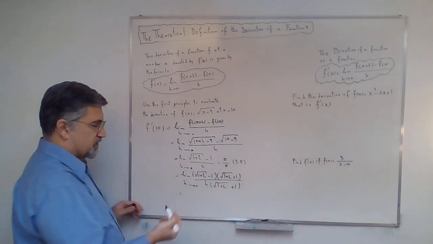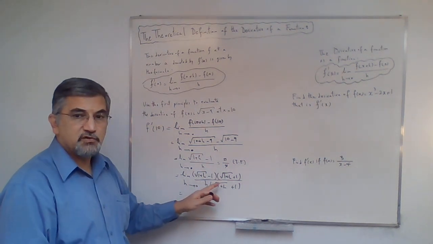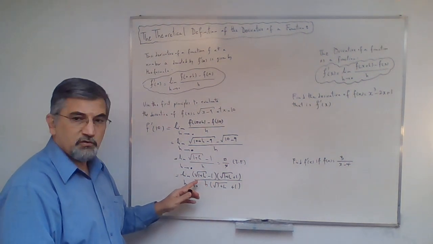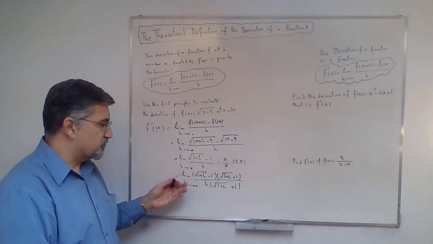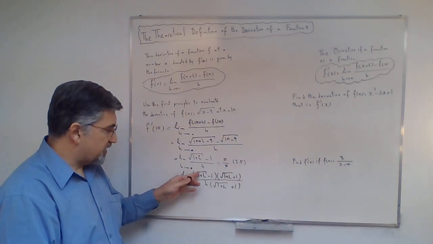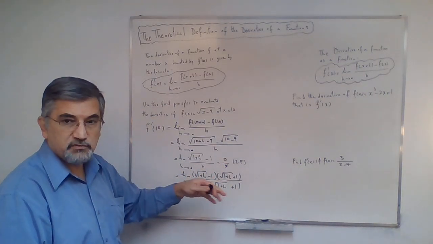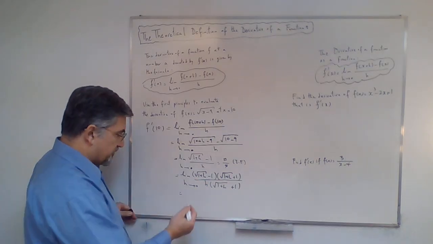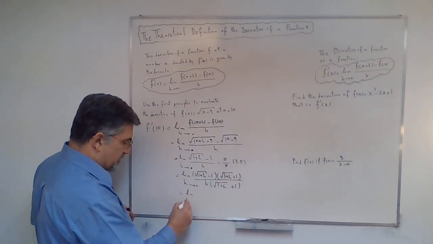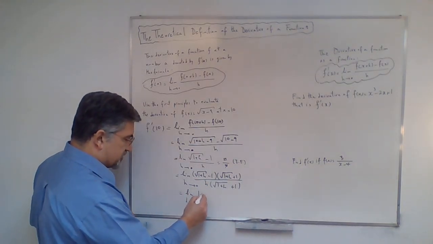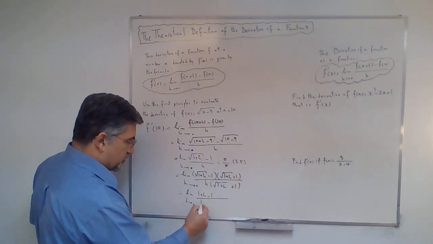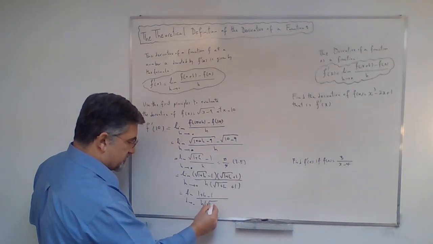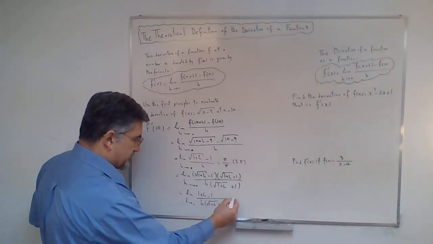The purpose is to come up with a product in the numerator where the radical would be eliminated using difference of squares. This is a minus b times a plus b, whose answer is a squared minus b squared. So we end up with the limit of 1 plus h minus 1 squared, all over h times the radical expression.